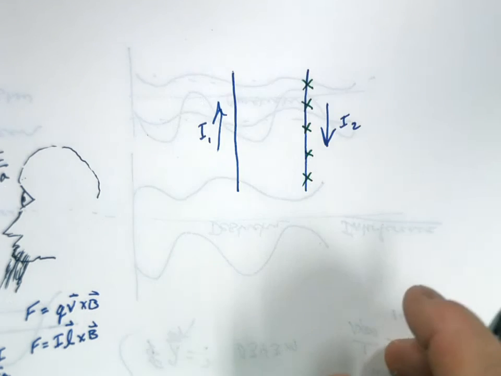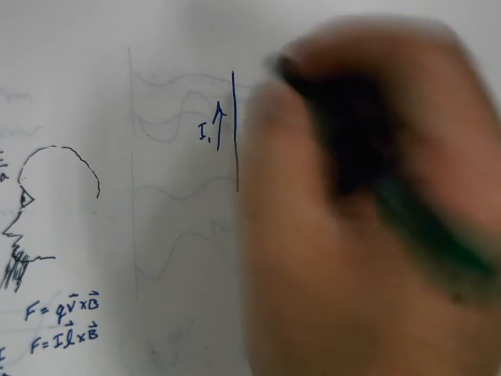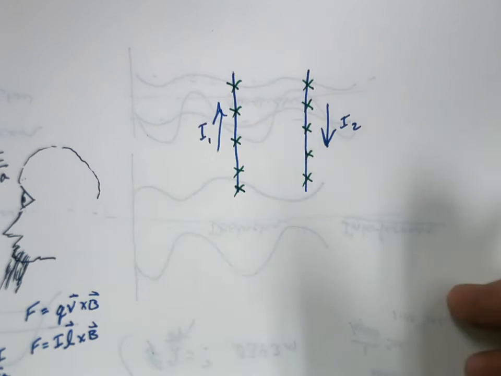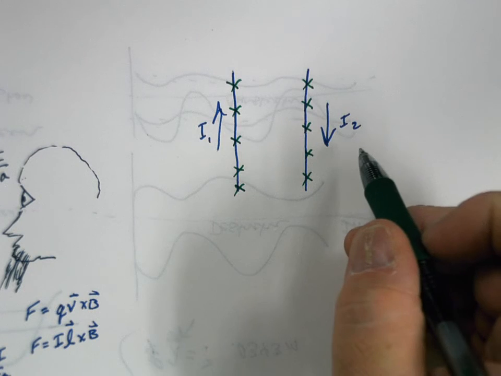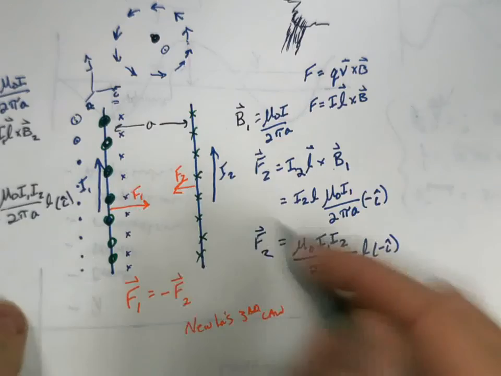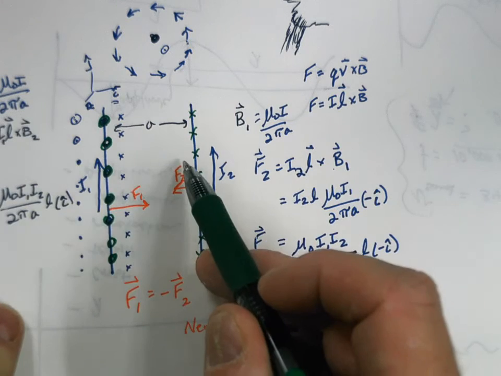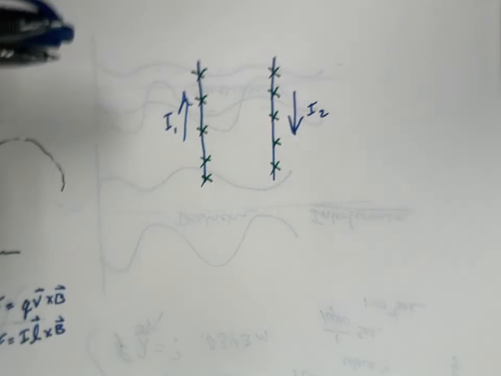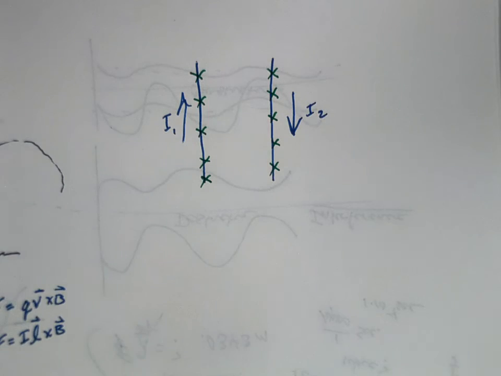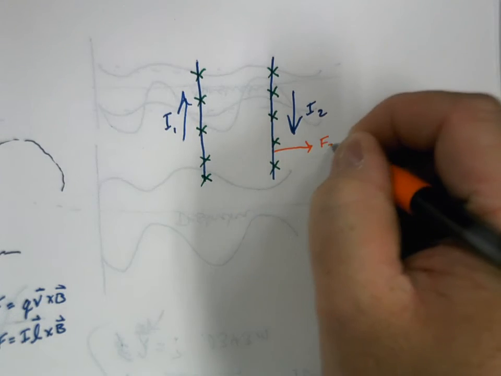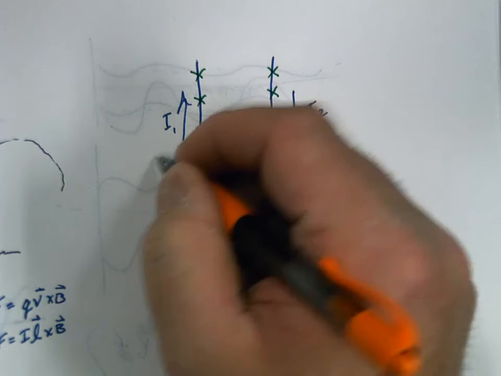And then this one, if we're going in that direction, then our fingers are going into the page on this side. If they're both going the same direction, as opposed to over here, where the fields were in opposite directions, here they're in the same direction. We're going to get force on 2 and force on 1.